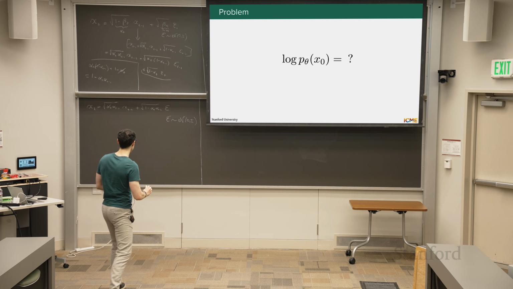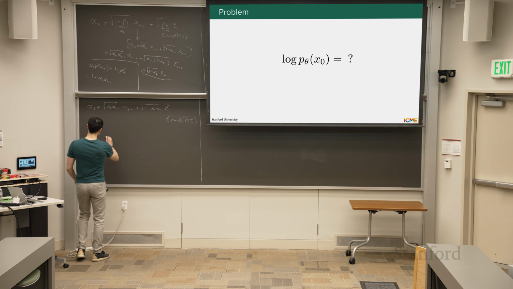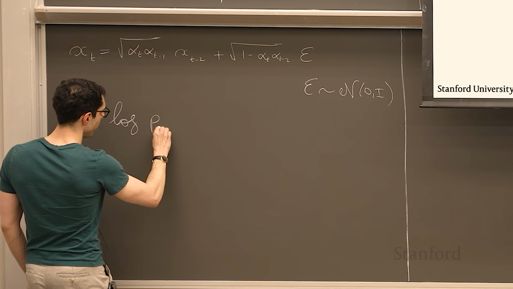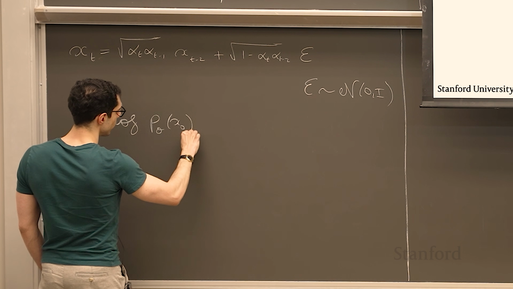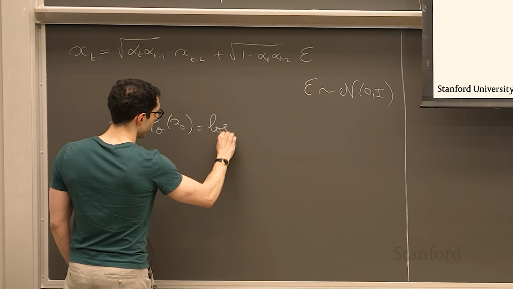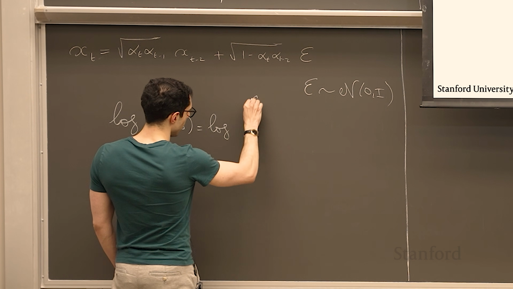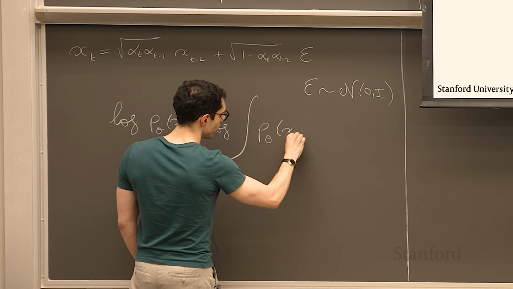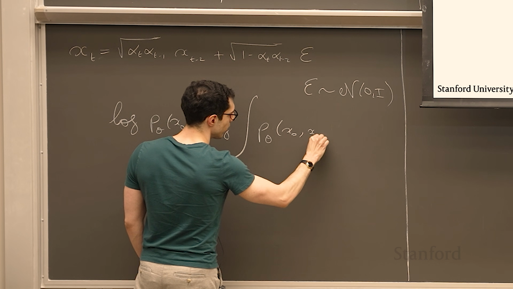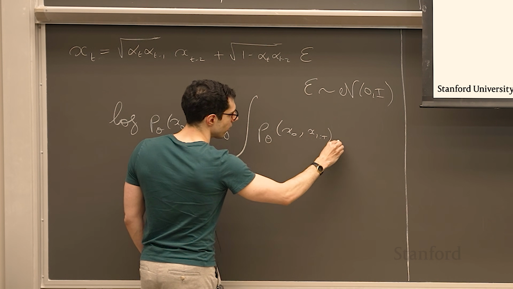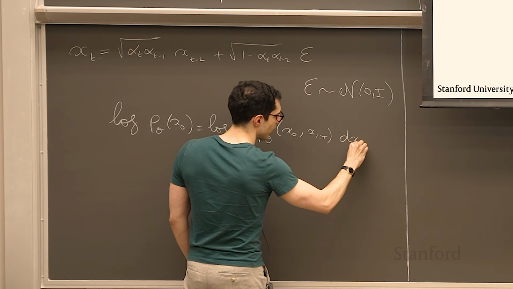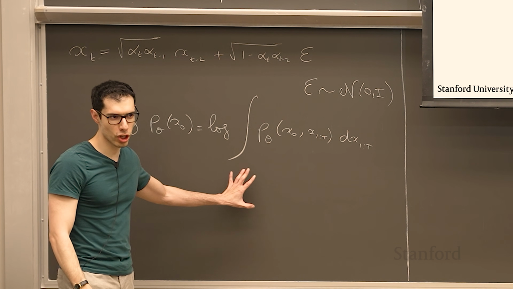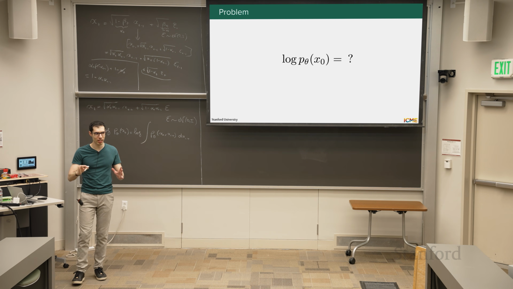So one idea is to say that the logarithm of p theta of x0 is the logarithm of the integral of p theta of x0 and then x1 up to t, d of x1 to t. So this is just the definition of marginalizing.